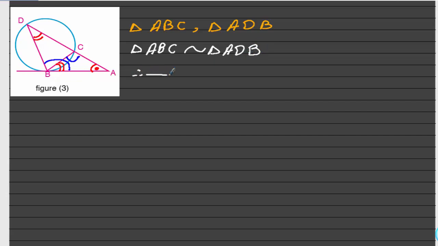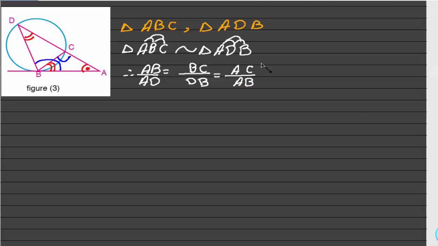Then AB over AD equals BC over DB equals AC over AB, and we will take the two ratios AC over AB equals AB over AD, and we'll make a cross multiplication.